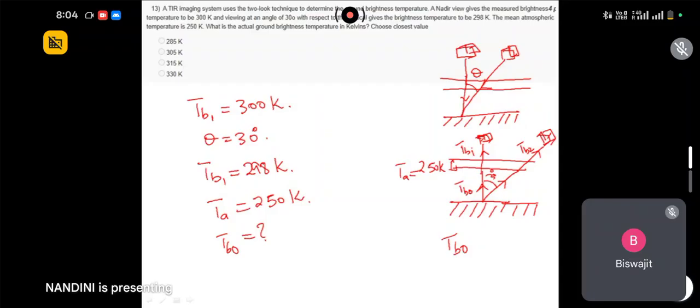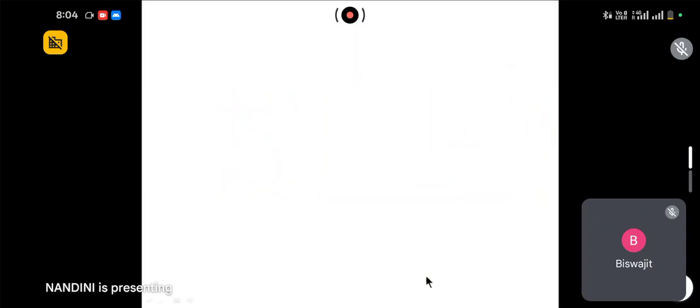Now, the equations given for TB1 and TB2. TB1 is given as TB0 times exponential of minus tau, plus Ta times 1 minus exponential of minus tau.